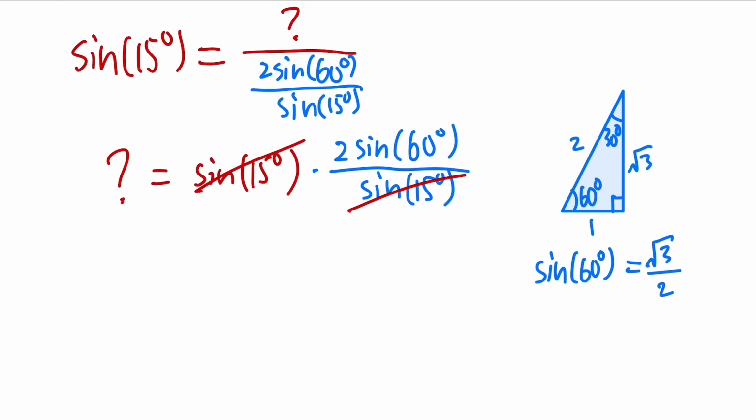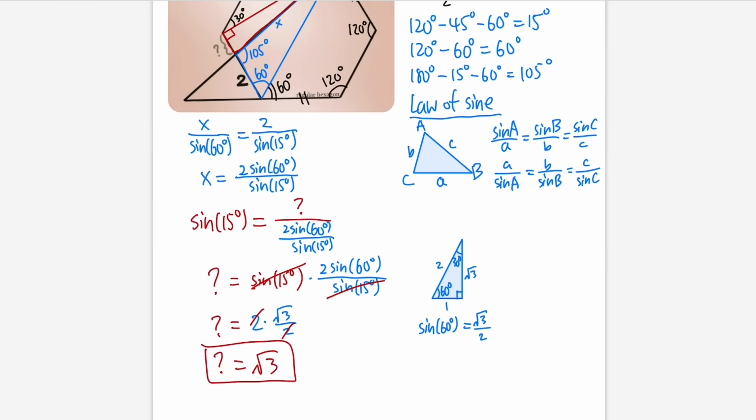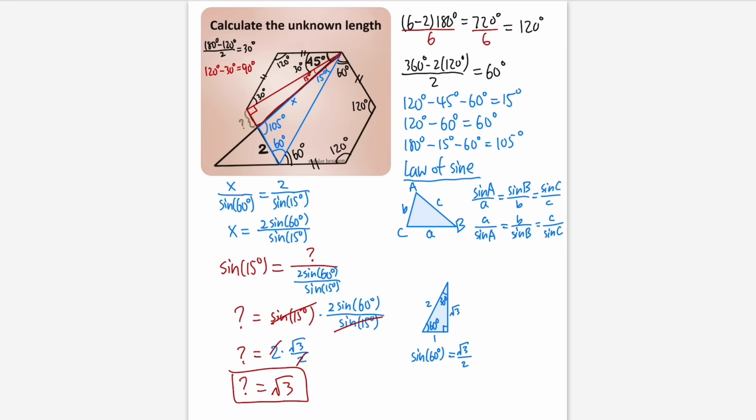So, question mark is equal to 2 times sine 60, which is square root of 3 over 2, and the 2 and 2 cancel. Finally, we know question mark is equal to square root of 3. So, there you have it, and that's it.